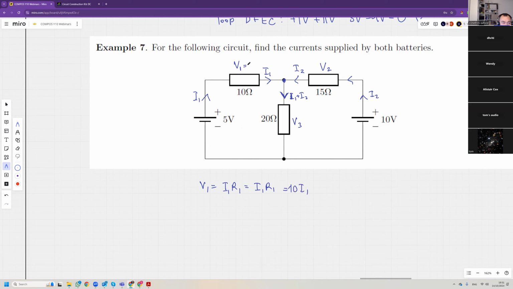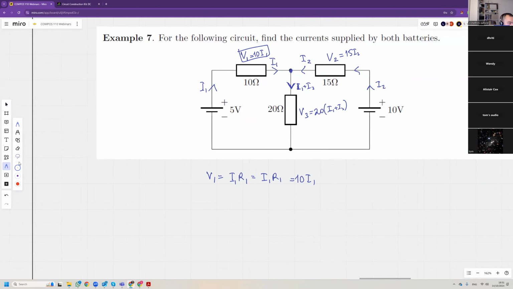So the voltage 1 is 10 I1. V2 is going to be 15 I2 in a similar manner. And V3 is going to be 20 multiplied by I1 plus I2.